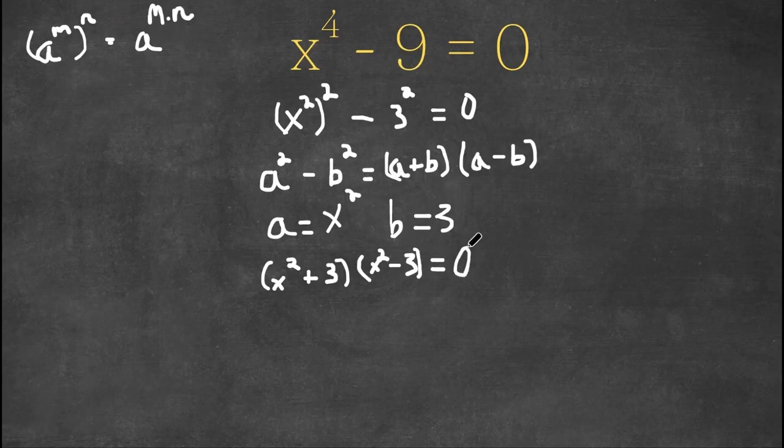And now this gives us two equations. We have x squared plus 3 equals 0, and x squared minus 3 equals 0.